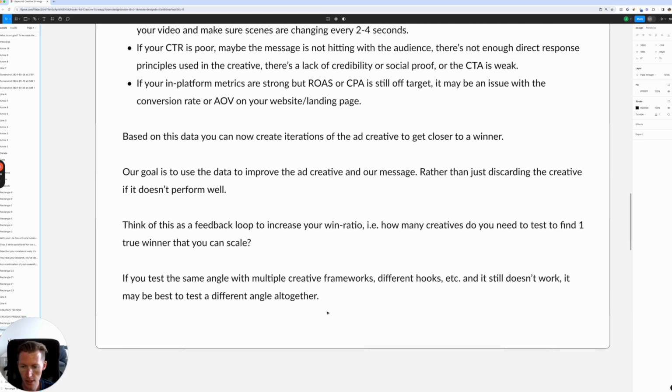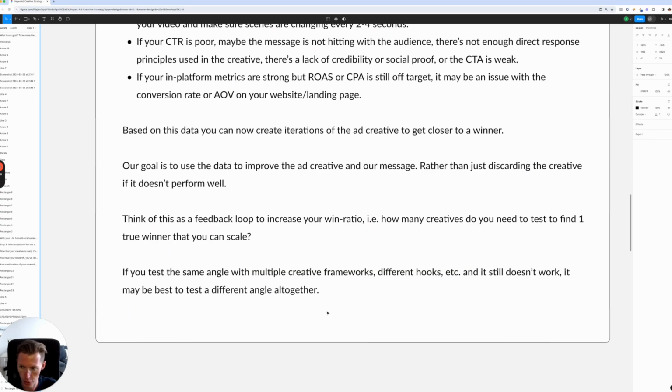And you really want to think of this as a feedback loop to increase your win ratio, as I mentioned, right? That's the ultimate goal. The win ratio is, again, how many creatives you need to test to find one true winner that you can scale. The more effective you can become at this, the faster you'll be able to find winners, the faster you'll be able to scale your ad spend, and the more cost effective you will be at producing ad creatives.